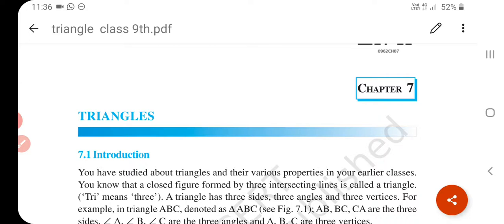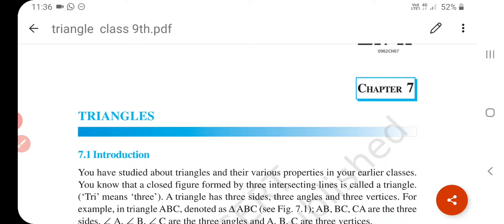Now according to the measurement of their angles, we can also divide triangles into three parts. First, the acute angle triangle. In an acute angle triangle, all the angles are less than 90 degrees. In an obtuse angle triangle, only one angle is greater than 90 degrees.